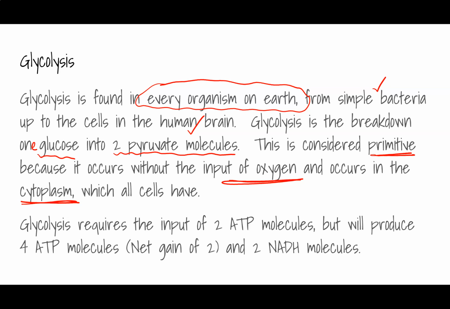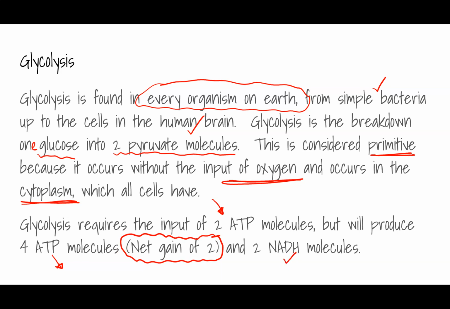So glycolysis does require the input of 2 ATPs. That was not on the last diagram that I showed you. And it's going to kick out 4. So you're like, well, wait a second. That diagram only had 2. Because it took into account there's a net gain of 2. So they're not talking about the 2 in, 4 out. They're just talking about the total net production of 2 ATP and 2 NADH.